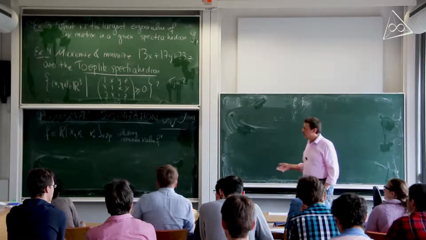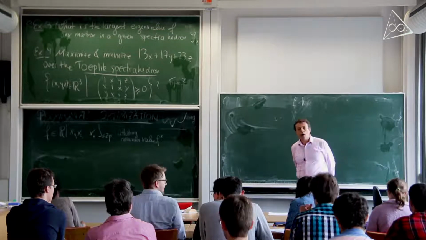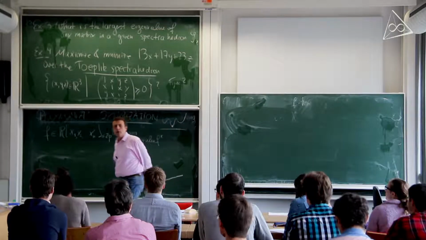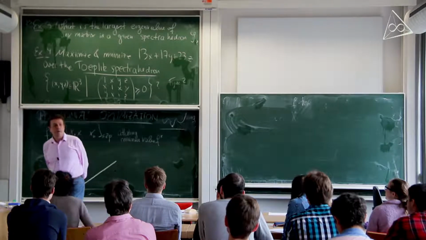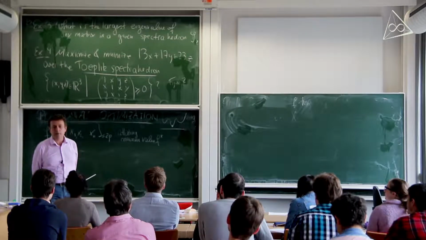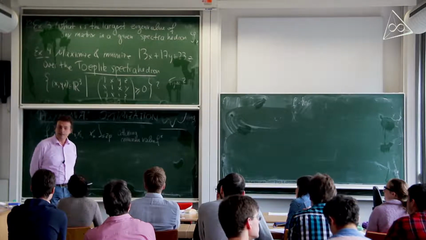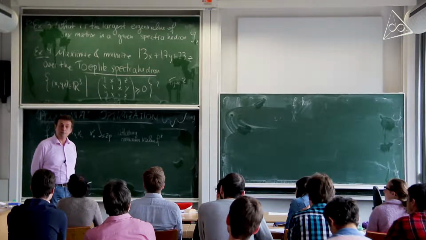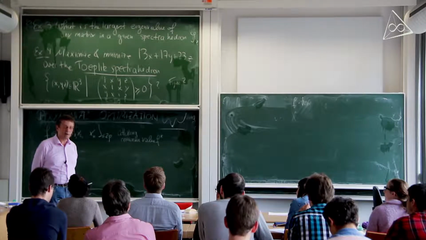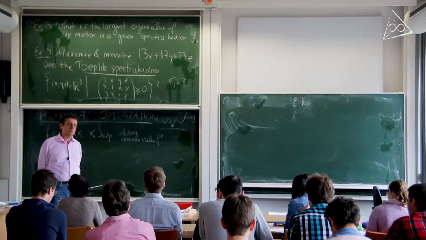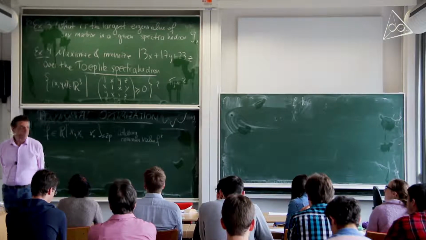So for example, in the samosa, among all yellow matrices in the samosa, what's the largest eigenvalue you see? Or in the samosa, let's say we require that x plus 2y plus 7z is 12. Now that's a slice, right? That gives you an elliptic curve slice of the samosa. Among all matrices in that red slice, what's the largest eigenvalue you see?